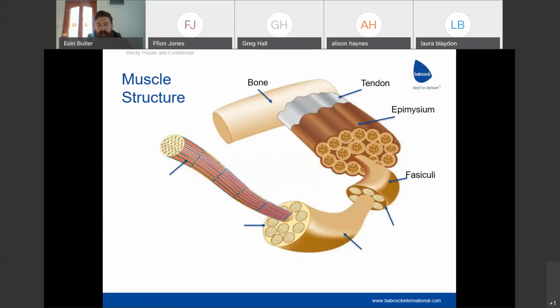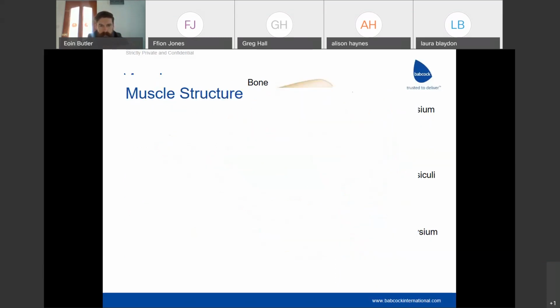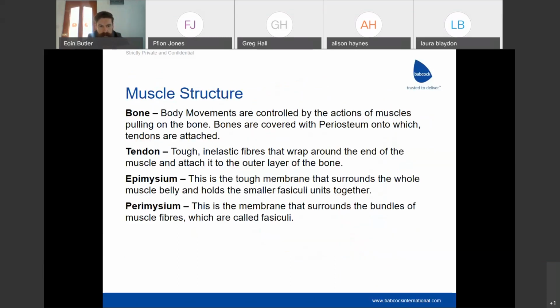The fasciculi are surrounded by a perimysium. Each bundle of muscle fiber then contains muscle fibers. Each individual muscle fiber is surrounded by an endomysium, and each muscle fiber then is made up of a myofibril. Okay, so to explain that in a bit more detail.